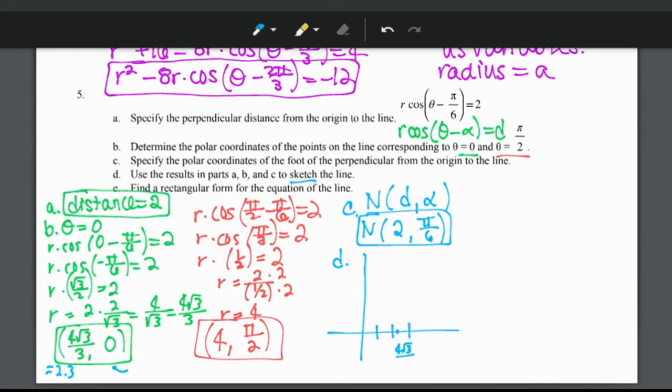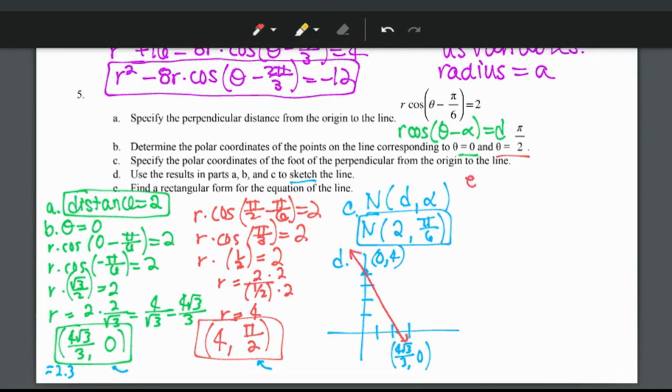So rectangularly, that would be 4 root 3 over 3 comma 0, because 0 radians is on the positive x-axis. And then pi over 2, that's on the positive y-axis, and we would be at 1, 2, 3, 4. So 0 comma 4 would be my y-intercept. And then if I just connect those 2 points, that's a good sketch of my line.